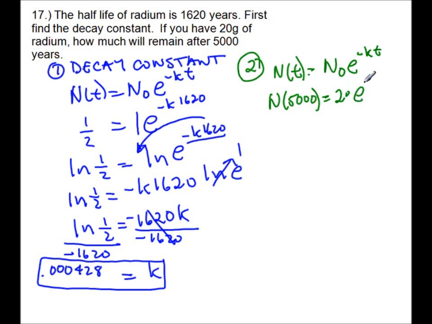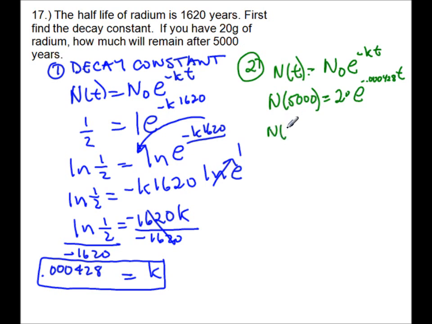E, I know that k is negative 0.000428 t. And what do we know t is in this case? What are we plugging in? Well, we're plugging in 5,000.